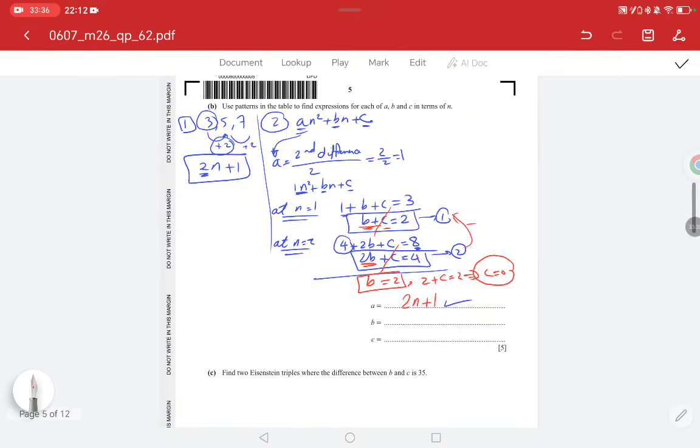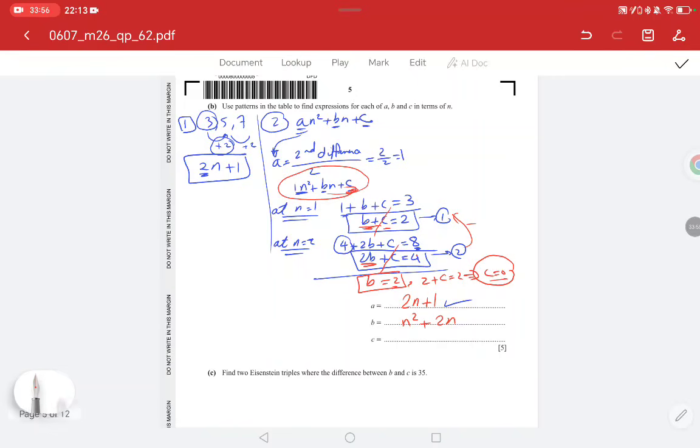So now we have the equation: 1n squared plus bn, what's b? 2n, plus c. What's c? c is 0, so plus 0, we will not write it. So this is the equation of the second one.